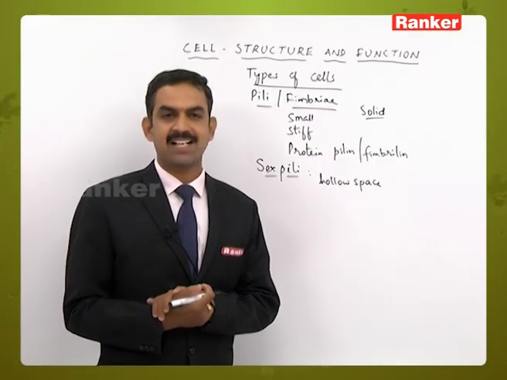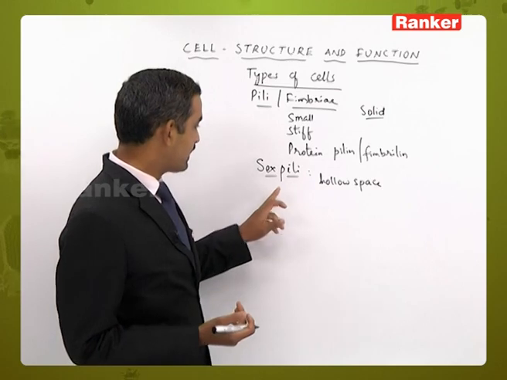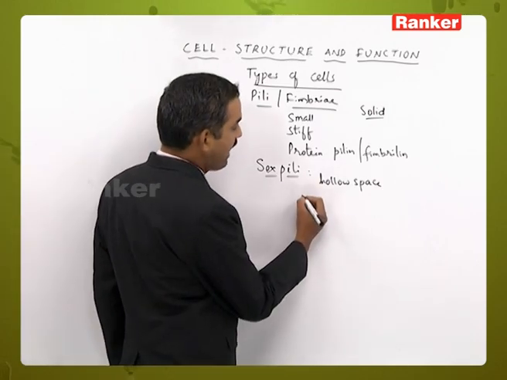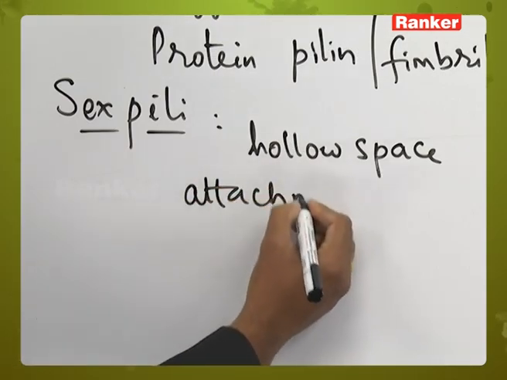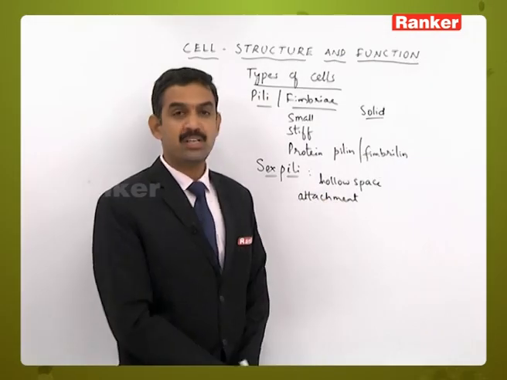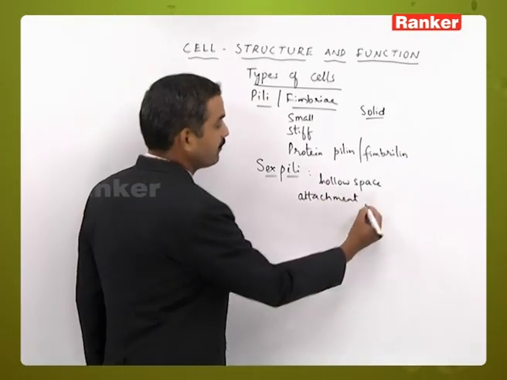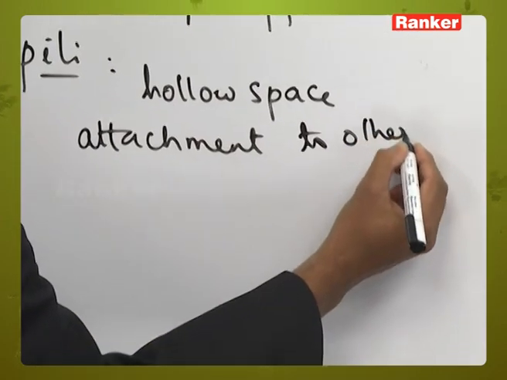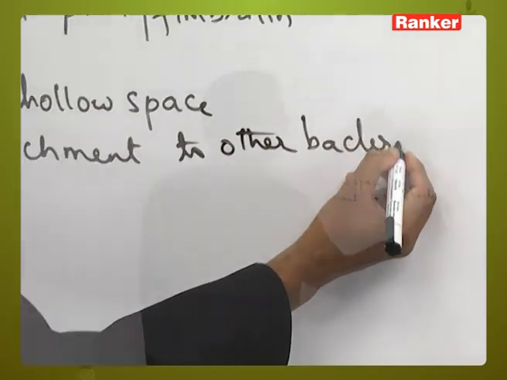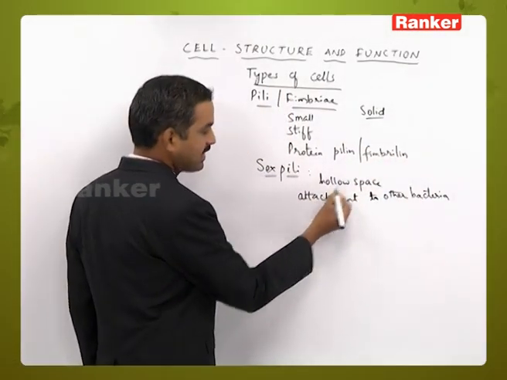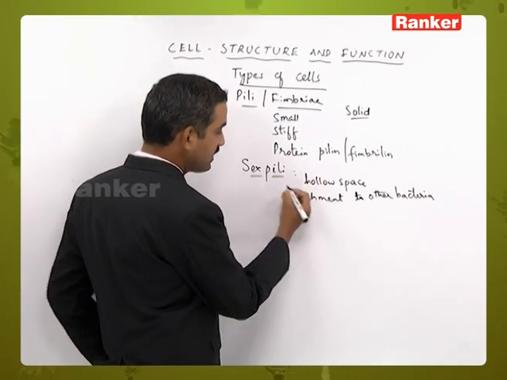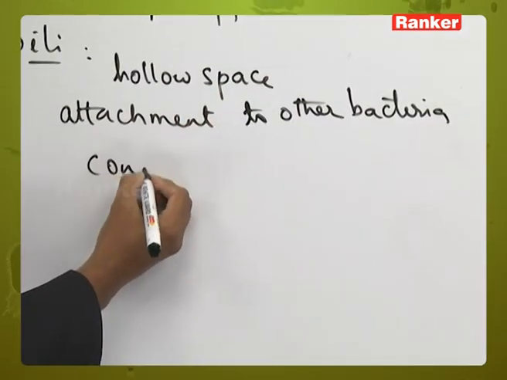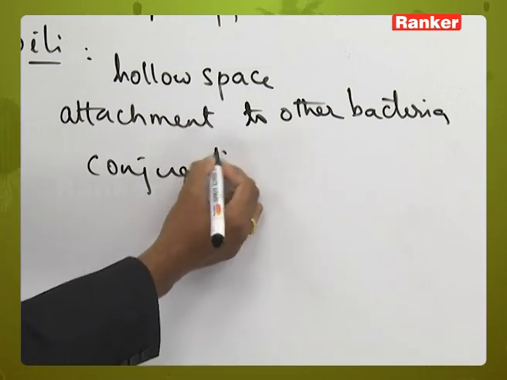So pili are concerned with attachment to any substratum, whereas sex pili are concerned with attachment of bacteria to other bacteria during the conjugation process. As hollow space is present, this sex pili is used as a conjugation tube during the conjugation process.